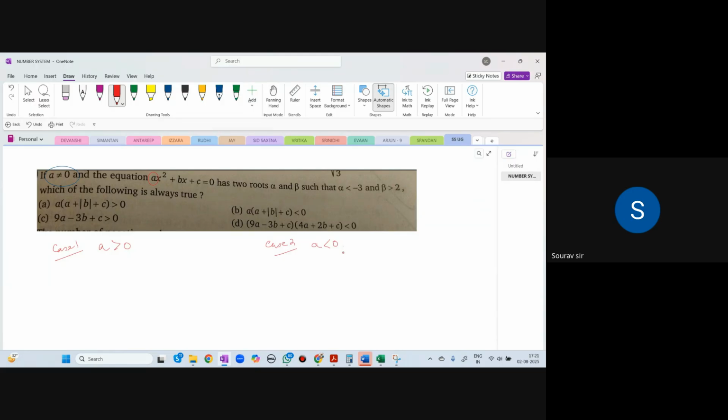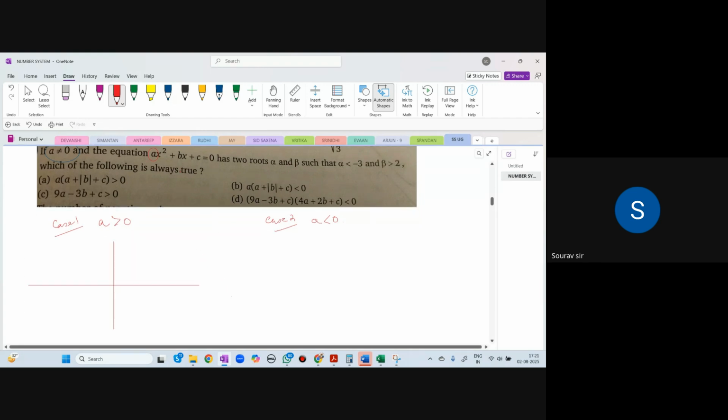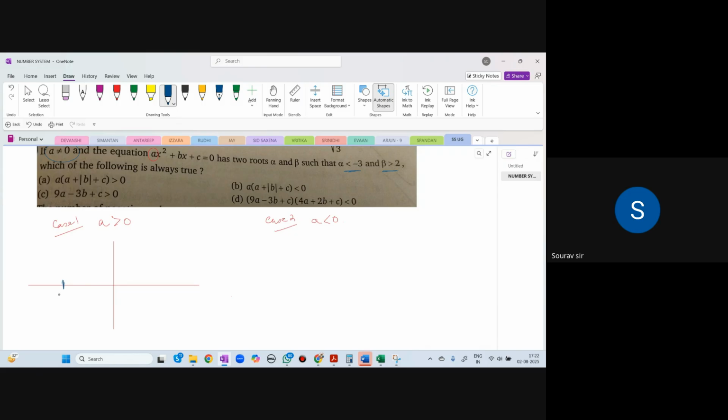So if A is positive, then what happens? Then you get a parabola which faces upwards. And your roots are given as less than -3 and greater than 2. So suppose this is x equal to -3 and this is x equal to 2.